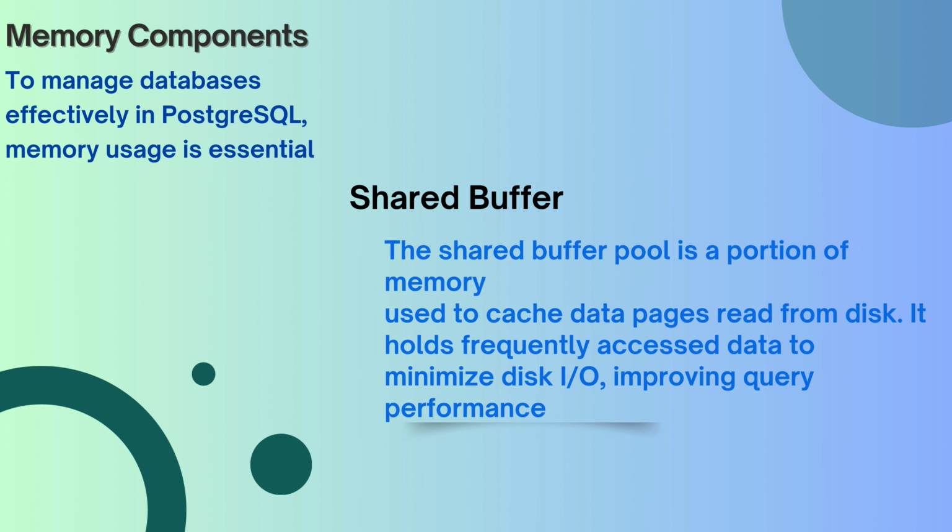So it holds the frequently accessed data to minimize the disk I/O and improve the query performance. And if we read the data from the memory rather than from the disk, we will definitely get more performance.